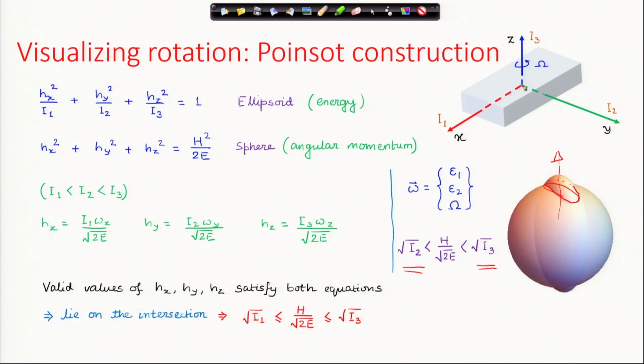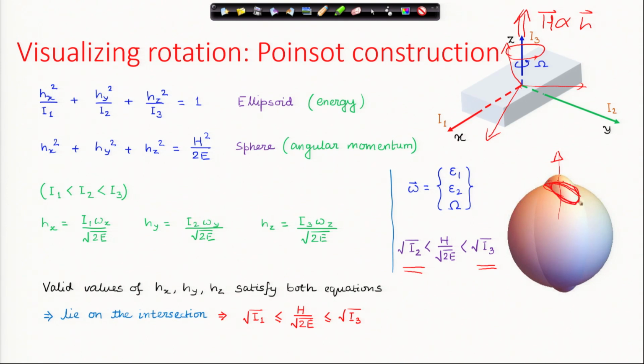In other words, the body is going to precess something like this, so that the lowercase h vector is always in that same direction, but its projection is changing.